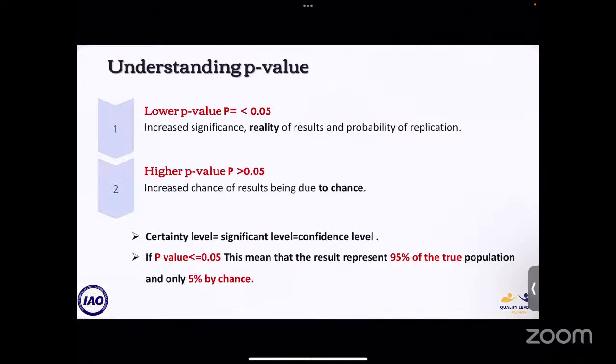Clear? Any question? So, understanding more of the p-value and its implication. What does a p-value of less than 0.05 mean? As I've said, if the p-value is equal to or less than 0.05, it means there is 95 percent confidence that the results are due to reality, meaning true results.